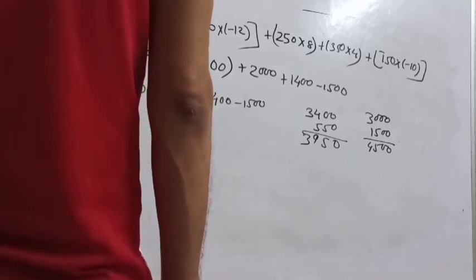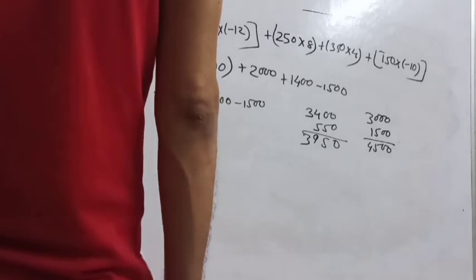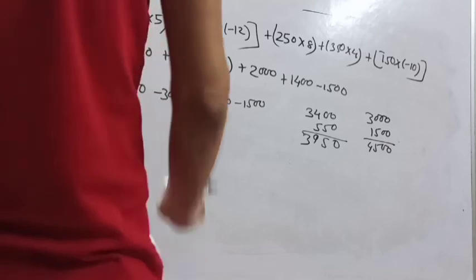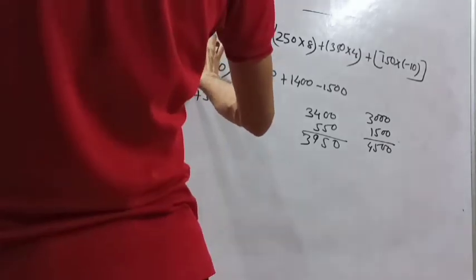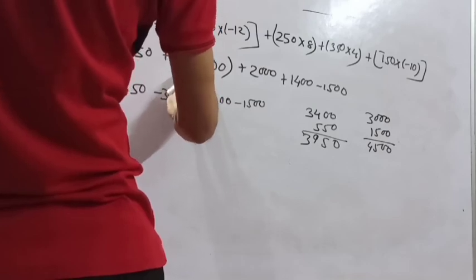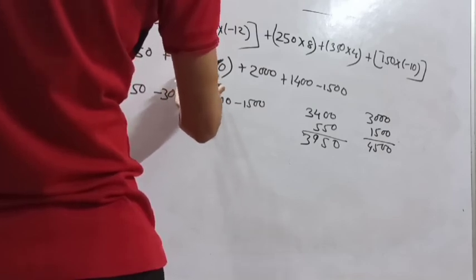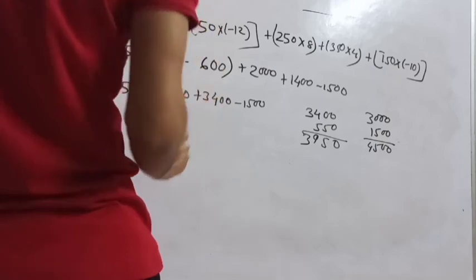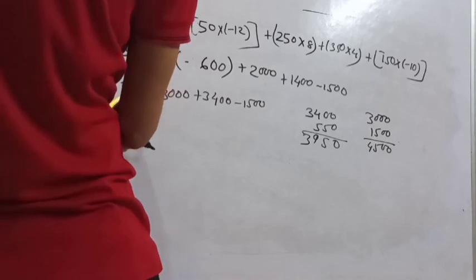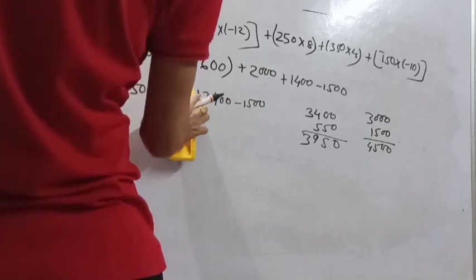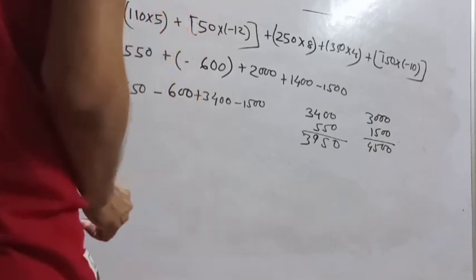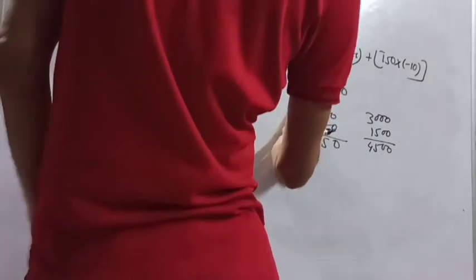We have two negative values, 250 into 12 and 150 into 10. Here it will be 600, plus 3400.